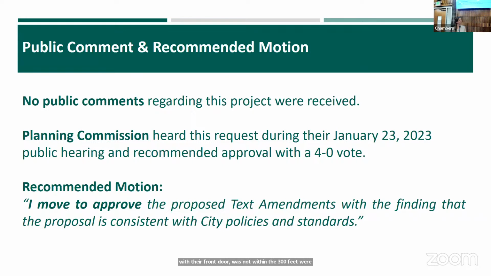So they were notifying by address and not by actual property location. Does that make sense? It should be if the property is within 300 feet of the parcel. But the address was not within 300 feet, so the person did not get a notification because their front door was actually not within 300 feet, where their address is.